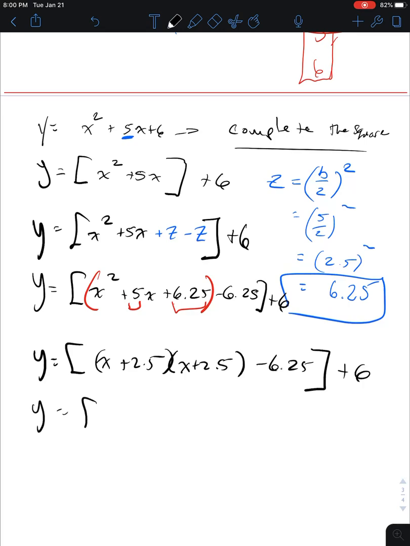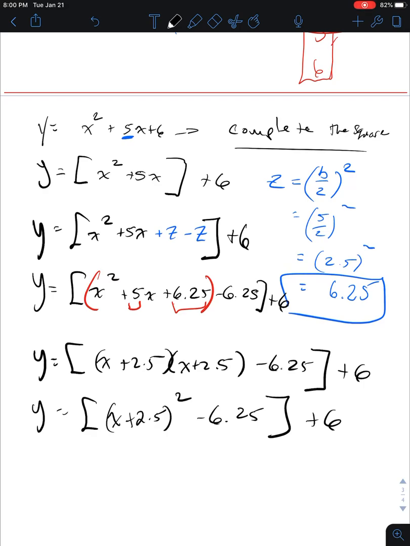Now, how could I rewrite that? I'm just going to rewrite this line. I have two x plus 2.5s, so you can write them as x plus 2.5 squared, minus 6.25 plus 6.